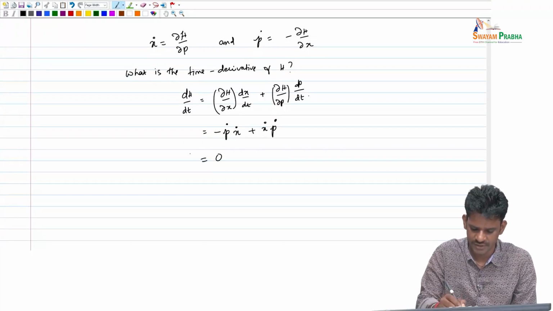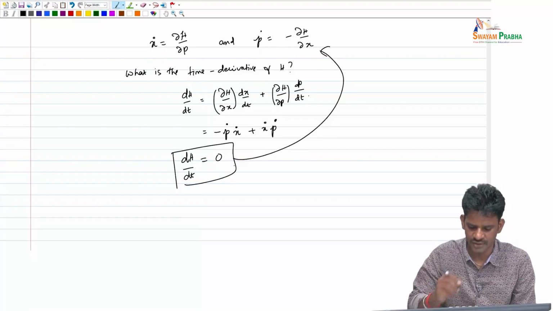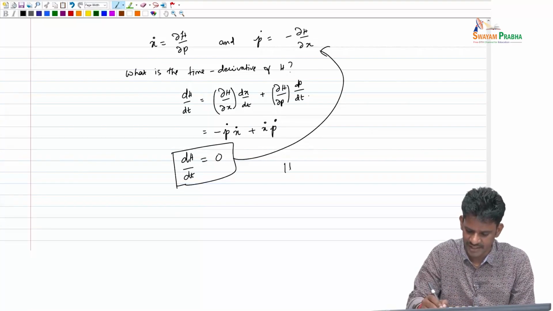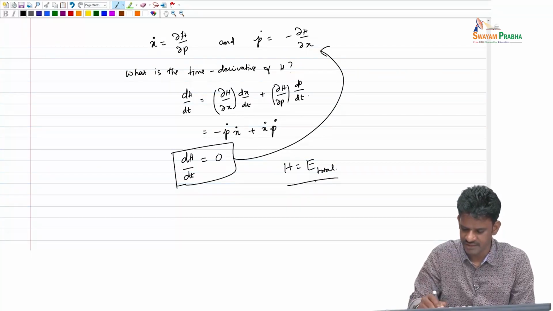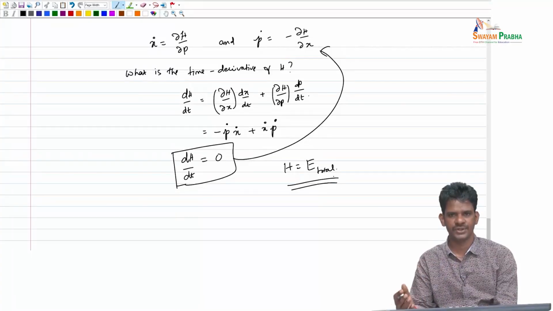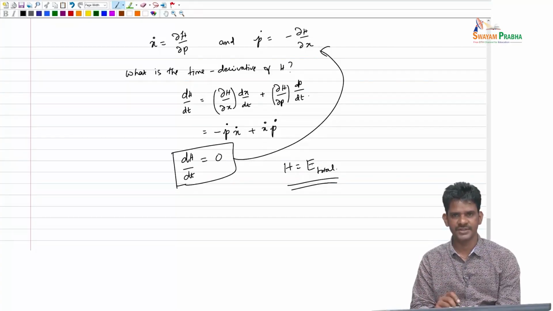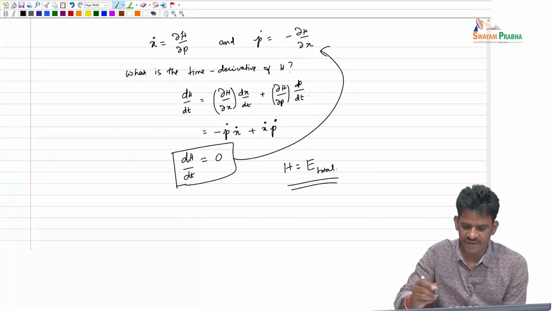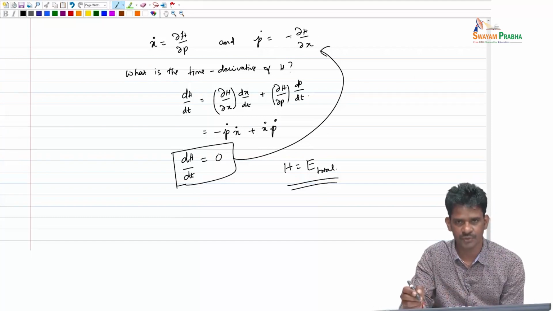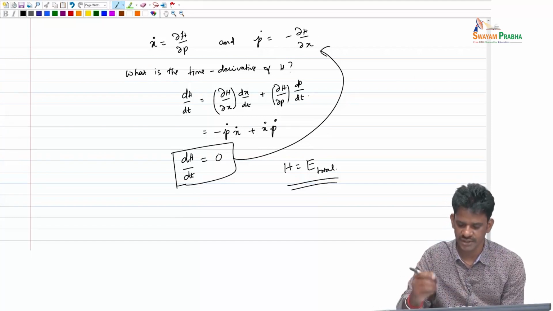So the time derivative of H along the equation of motion is equal to 0, and we already noted that H is nothing but the total energy of the system, E total. It says that along the equation of motion of the Hamiltonian, the total energy is conserved. So if I generate trajectories using this equation of motion, it ensures the total energy of the system remains constant.